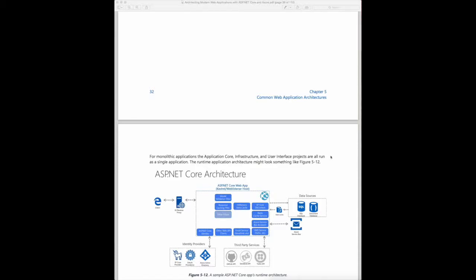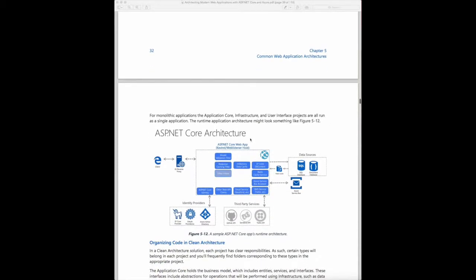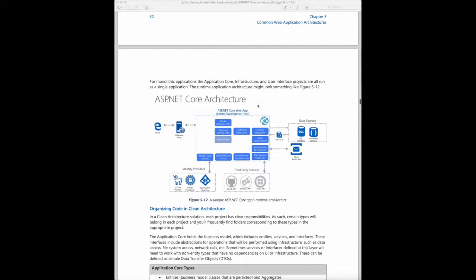So for monolithic applications in ASP.NET Core, infrastructure and user interfaces all run in a single application, single process. There are no logical or physical separations.